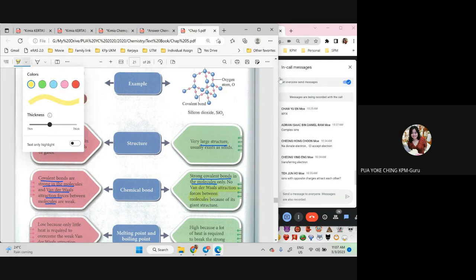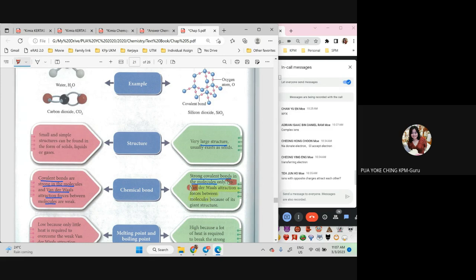So the things that you need to remember is there is no weak van der Waals forces between molecule in giant structure, because in one giant molecule is only one molecule. Dalam satu molekul gergasi, dia hanya ada satu molekul saja.